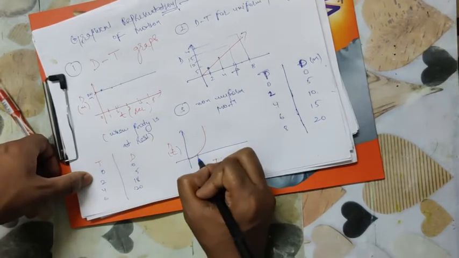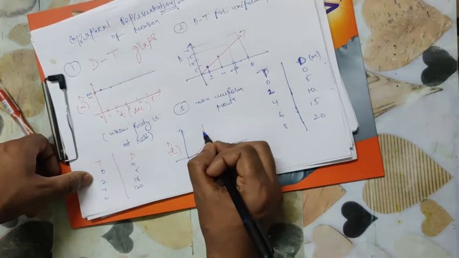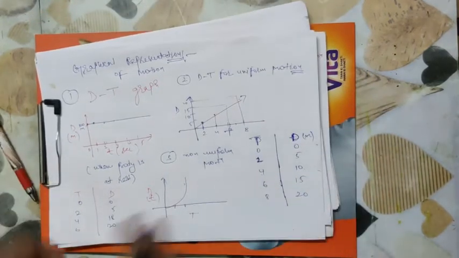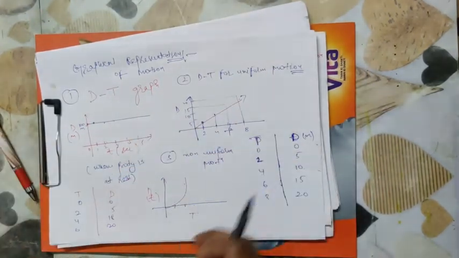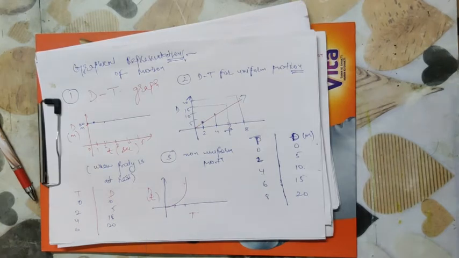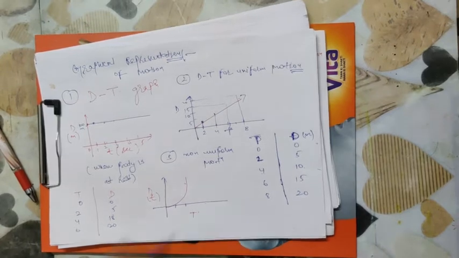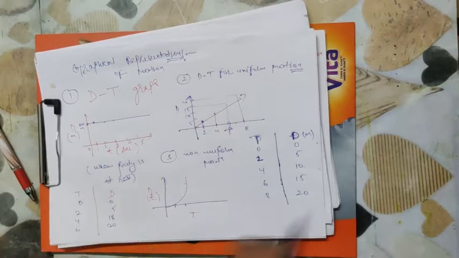So at every interval there is a different value. So it is a graph for non-uniform motion. These three cases are in your book, page number 104: the distance time graph when the body is at rest, in uniform motion, and in non-uniform motion. I hope you get this.